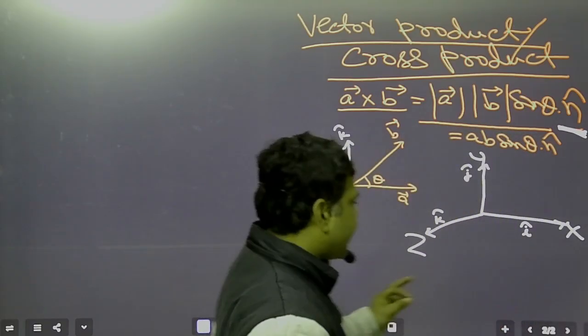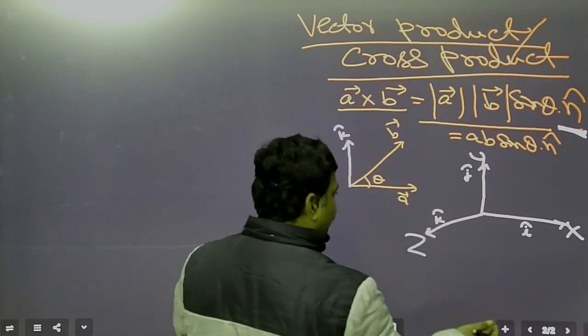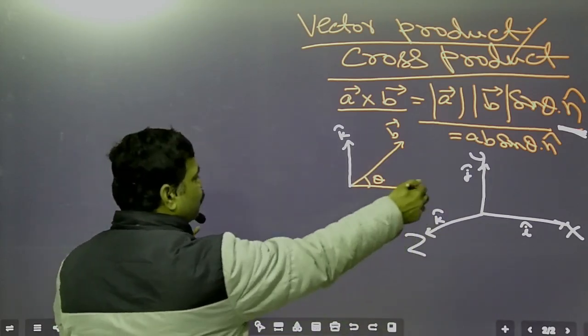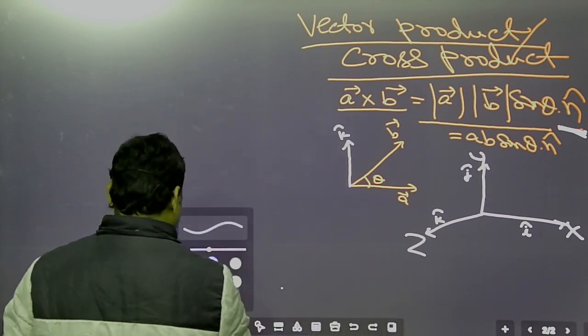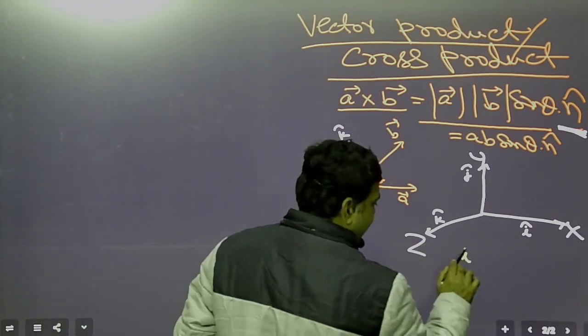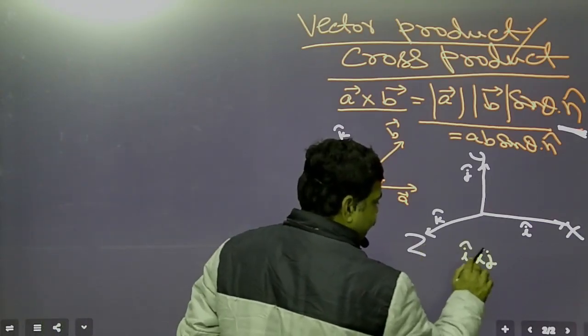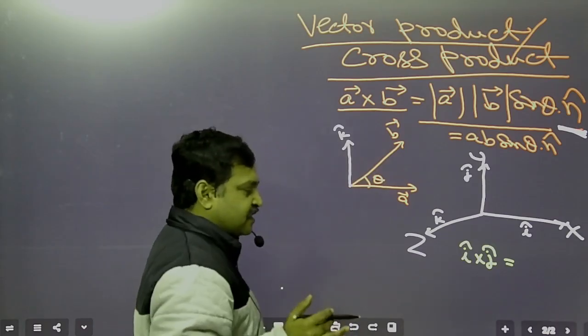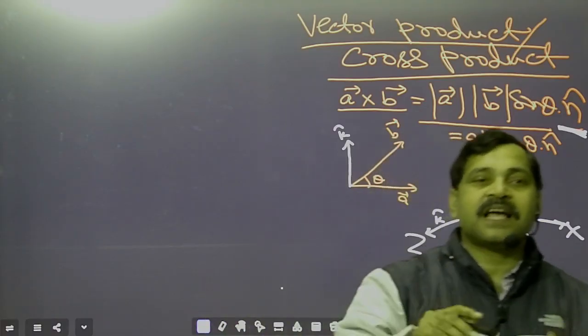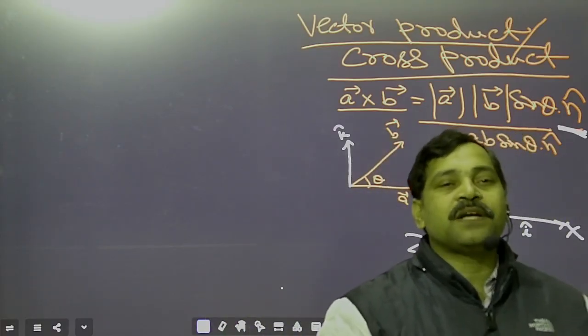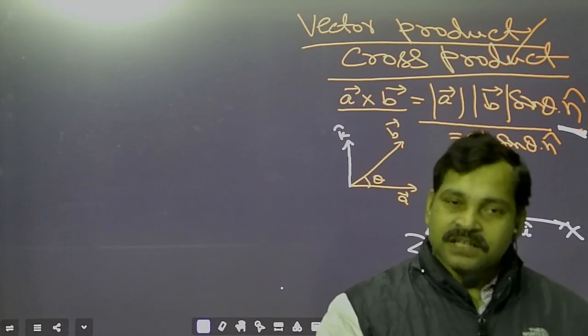Now see how to evaluate the cross product of these vectors. Suppose we take i cross j. The rule tells us that if we rotate in an anti-clockwise direction, then the next vector will be perpendicular to the plane containing the other two vectors.